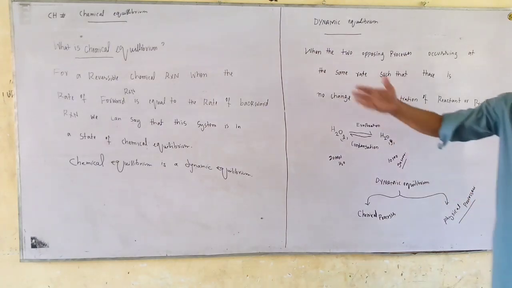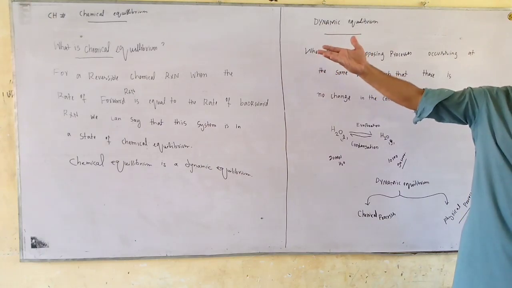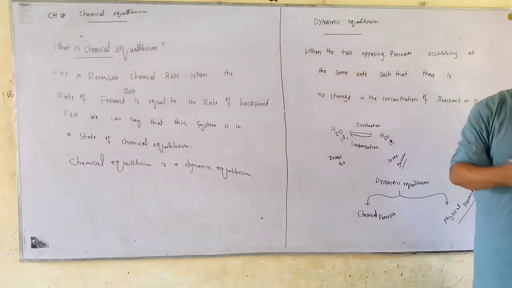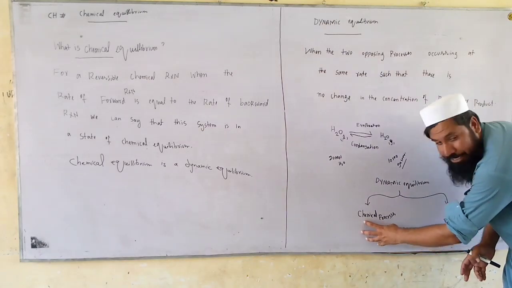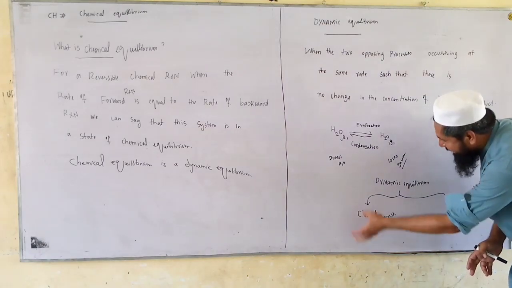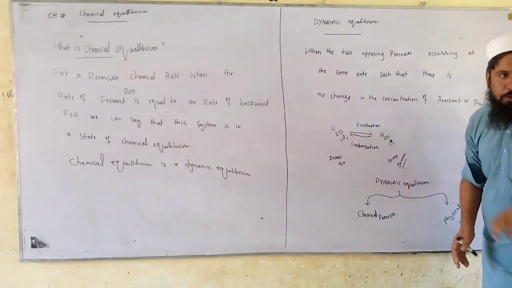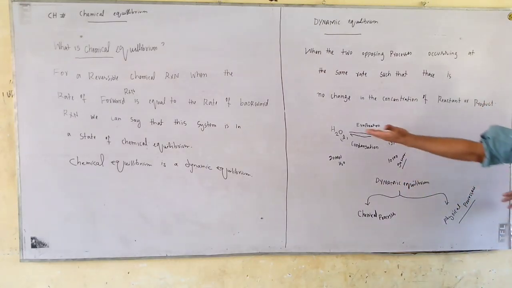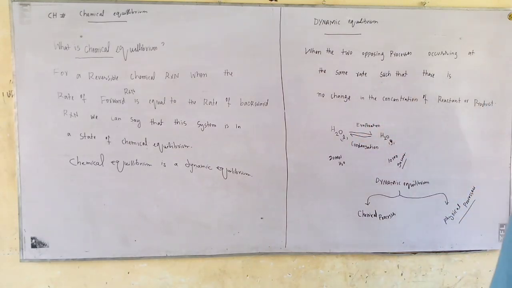So a chemical equilibrium में क्या होता है? एक chemical process जो है ना equilibrium में होता है, तो इसलिए इसको हम बोलते हैं ये chemical equilibrium है, it is a type of dynamic equilibrium. So ये dynamic equilibrium में आता है और ये physical process है. This is a physical process.